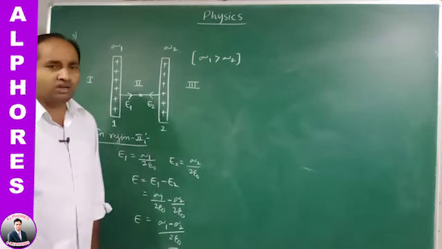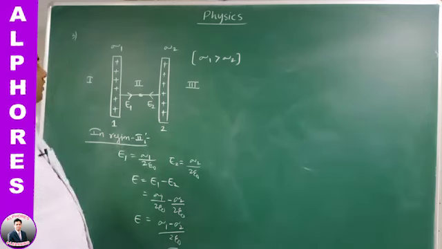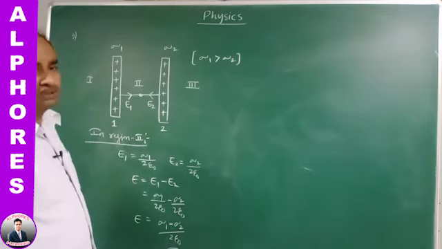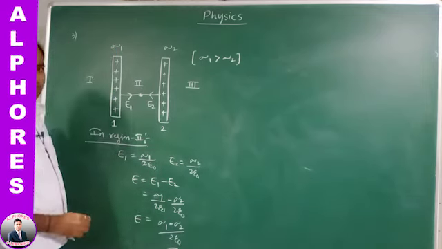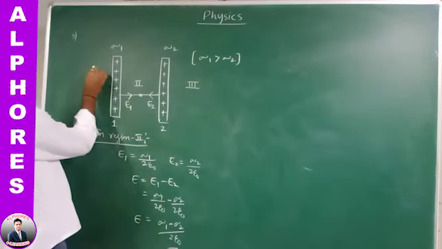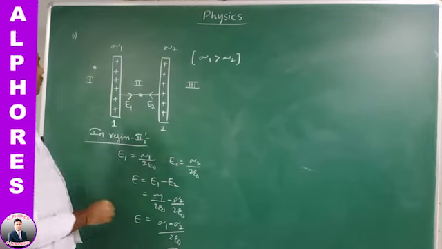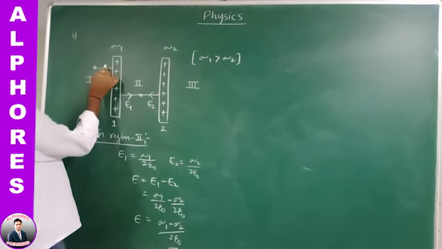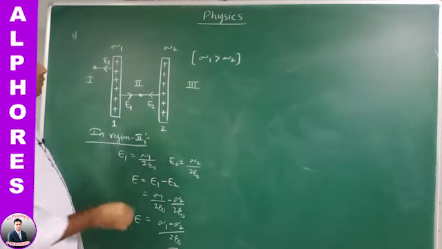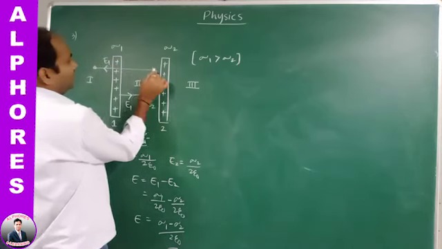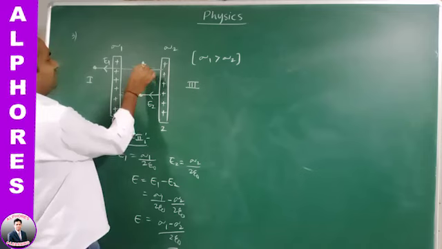They are asking only region 2, but we need to find regions 1 and 3 also. For example, let us calculate the electric field intensity in region 1. What is the direction of E1? Radially outwards. This is the direction of E1. And by the second plate, again radially outwards, E2.